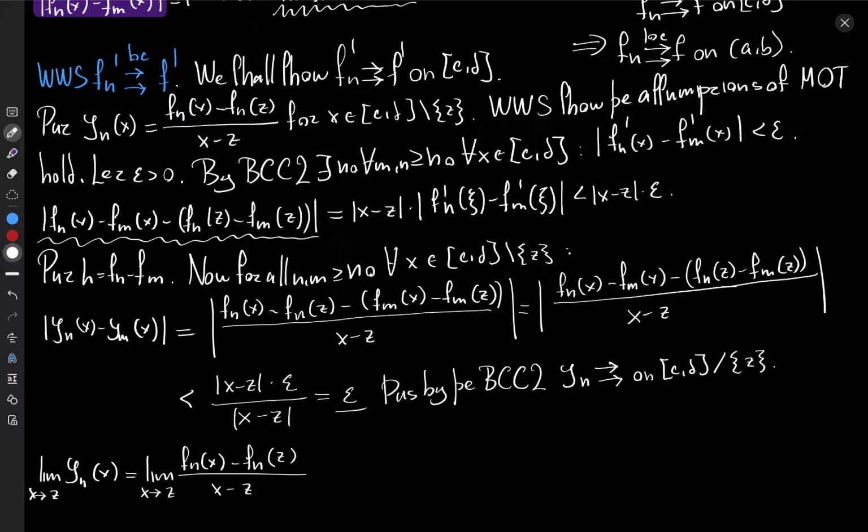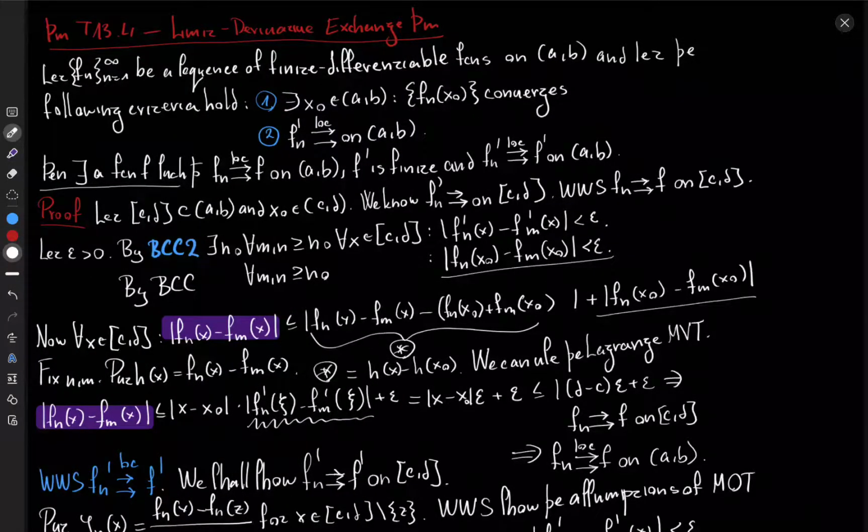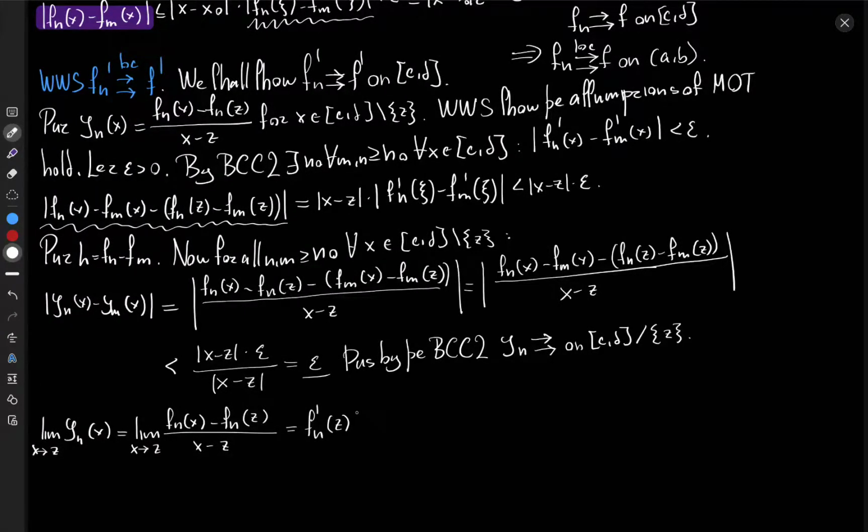But this is the definition of a derivative. This is by design; this was no coincidence. We designed script S for this to occur. So quite cleverly, this is equal to the derivative of fn at z. And by assumption, the sequence is finitely differentiable, and therefore this derivative is also finite and real.